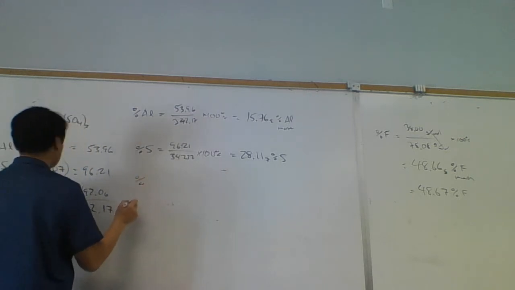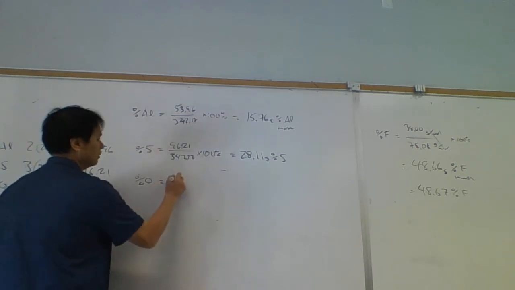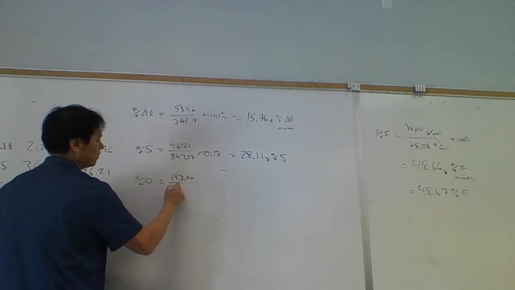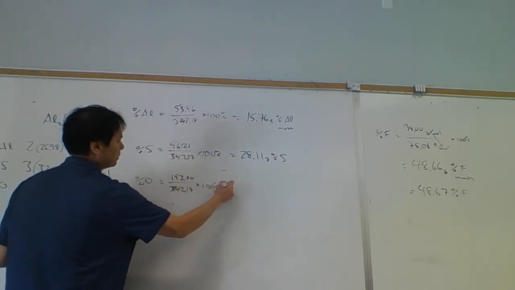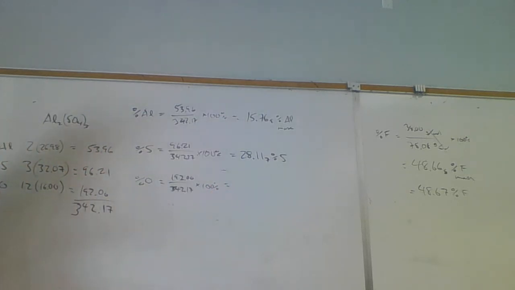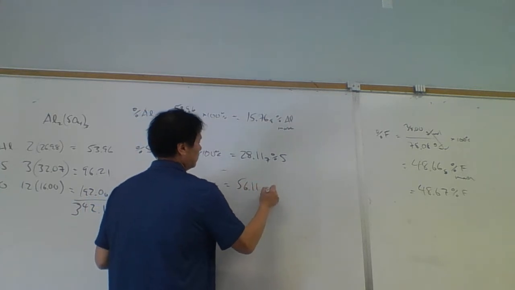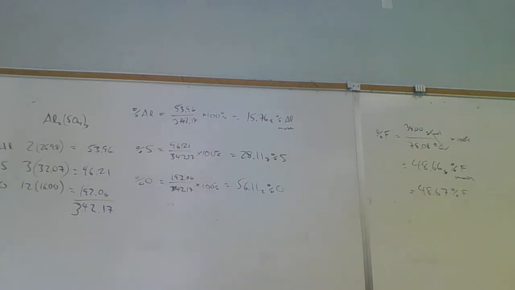And we'll go to percent oxygen. 192 divided by 342.17 times 100%. 56.112% oxygen. All right, so this would be the percent composition by element for aluminum sulfate.